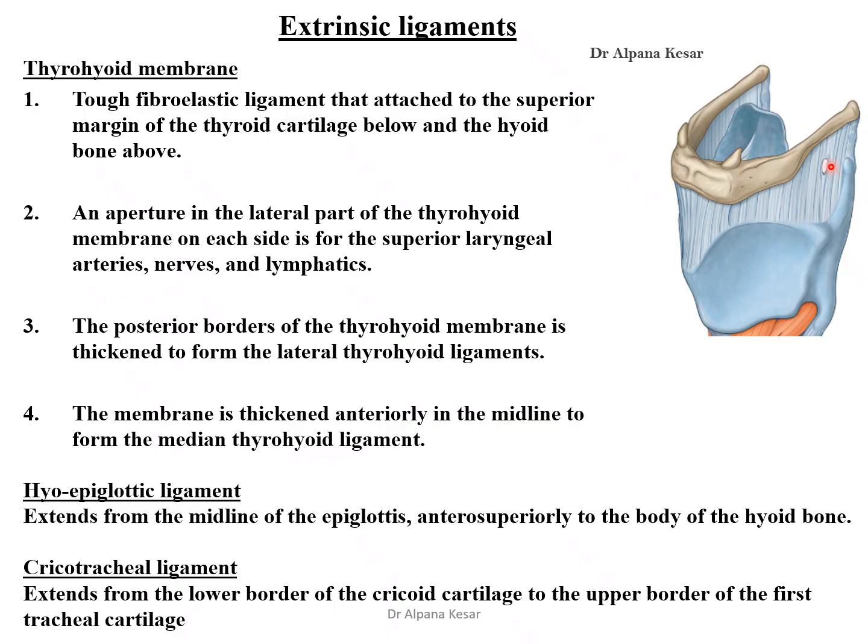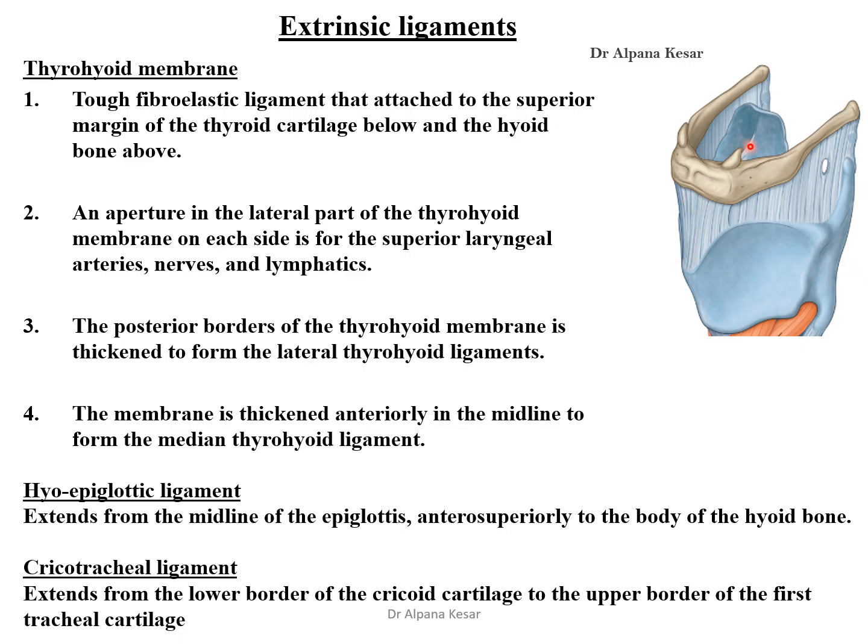In its lateral part is present an aperture through which passes the superior laryngeal arteries, nerves, and lymphatics. The posterior border of thyrohyoid membrane is thickened to form the lateral thyrohyoid ligament. The membrane is thickened anteriorly in the midline to form the median thyrohyoid ligament.